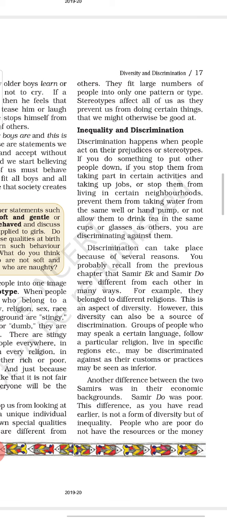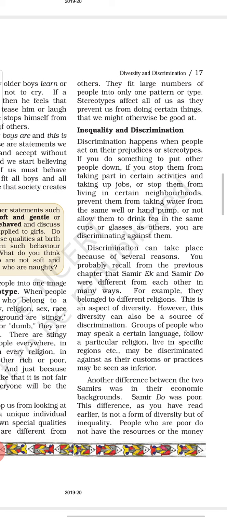Discrimination can take place because of several reasons. You probably recall from the previous chapter that Samir Ek and Samir Do were different from each other in many ways. For example, they belong to different religions. This is an aspect of diversity.